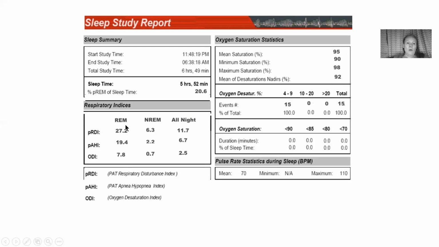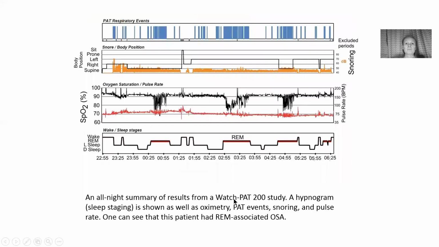And based on what they assume is REM sleep time, that's how they got their non-REM compared to all night. So these are all just calculations that they're using to come up with these things that are built into the equipment. And then you can also see they have their heart rate here. So a lot less information.